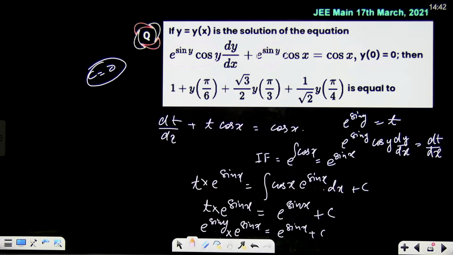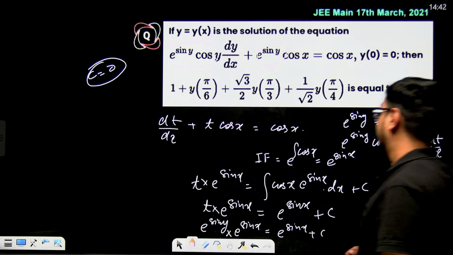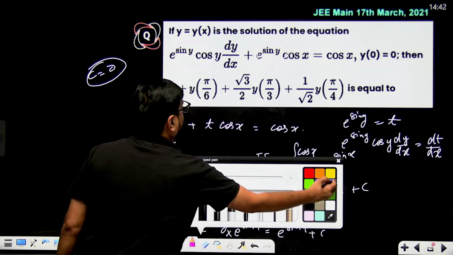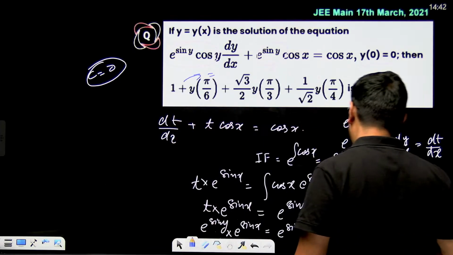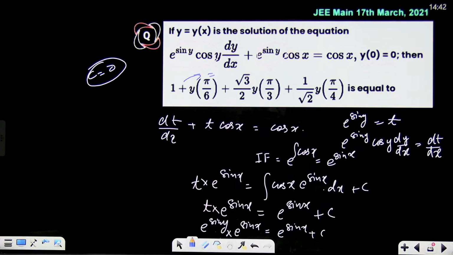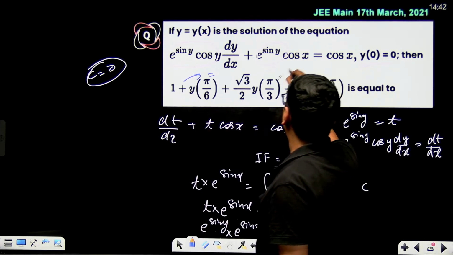Right, so at y pi by 6, y is becoming equal to 0 only again, right? And at pi by 3 also it is becoming 0, pi by 4 is also becoming 0.